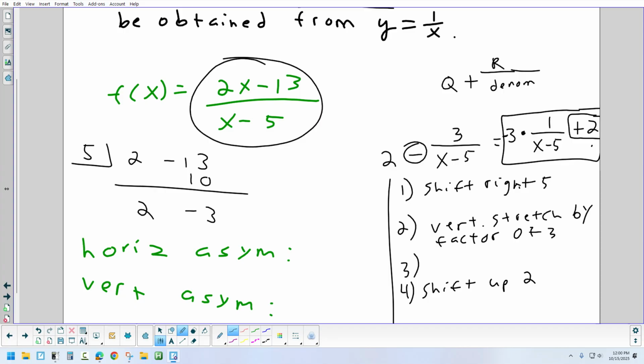And what's the last? Well, the last one we need to fill in because we already did the shift up 2. Flip over the x-axis. So you could describe it as flip over the x-axis, or you could say vertical reflection. Either way.